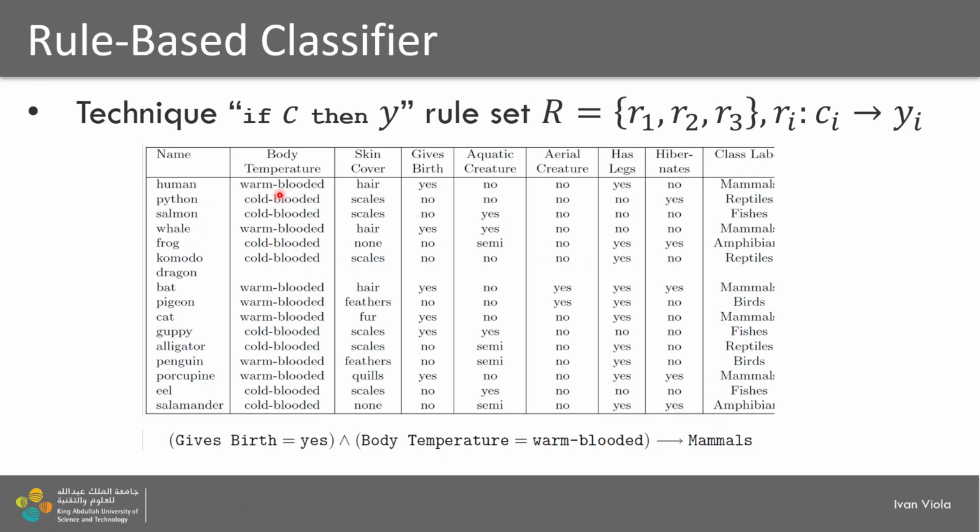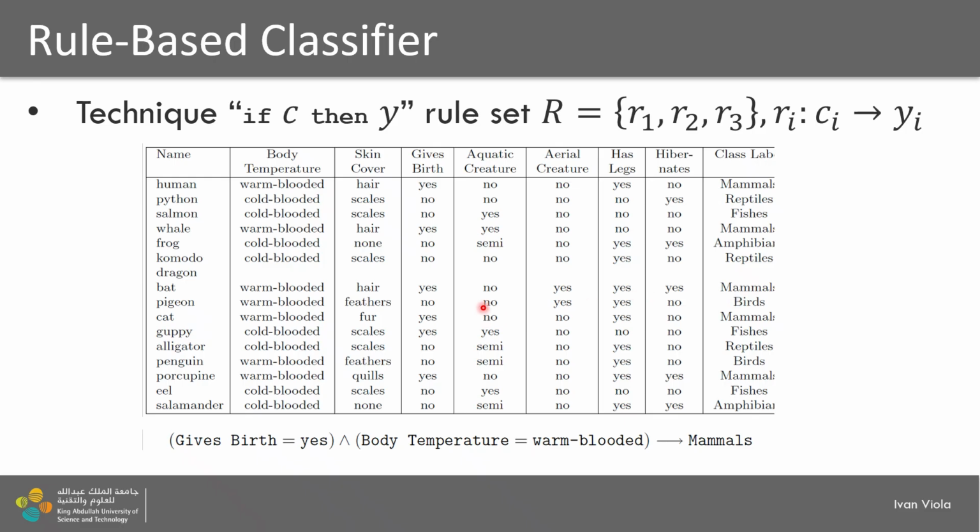Let's have a look. Human is warm-blooded and it gives birth to its young ones. It's a mammal. That's correct. And then we will have a look at cold-blooded. Everything what is cold-blooded cannot be a mammal. Whale is warm-blooded and it gives birth to its young ones. It's a mammal, correct. Then a frog, all these are cold-blooded. They are not mammals. Dragon bat is warm-blooded and it gives birth to its young ones, and it's a mammal.